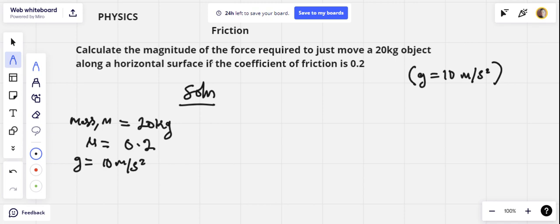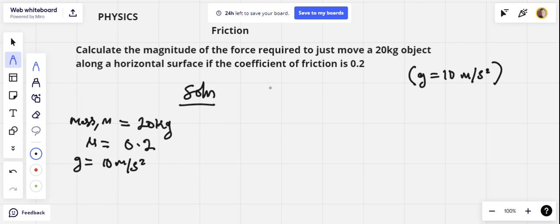So we have to calculate the force required to just move this mass along a horizontal surface. So the force capable enough to just move that mass is a force that will be slightly greater than the limiting frictional force.